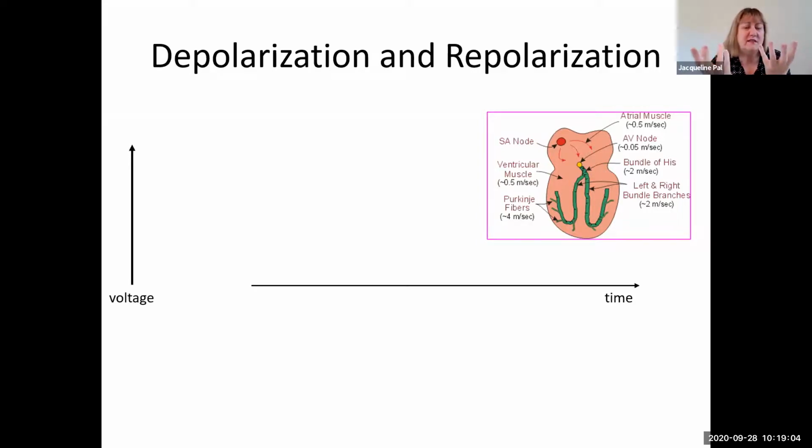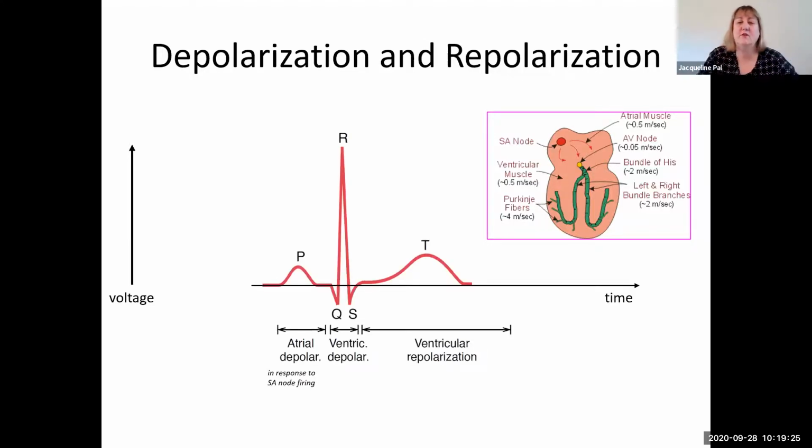Because there's more voltage in the ventricles, with more cells contracting, the waves for a normal ventricle are going to be quite a bit higher than the waves for a normal atrium. And then, of course, we have the time across the x-axis. That gives us the typical contraction with the P, Q, R, S, and T waves.